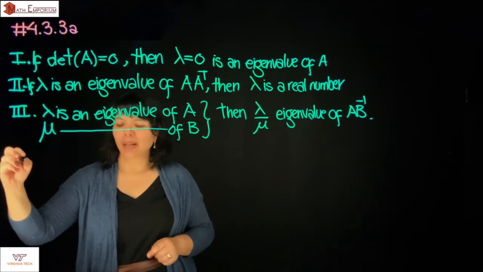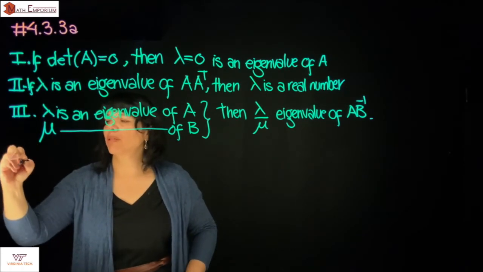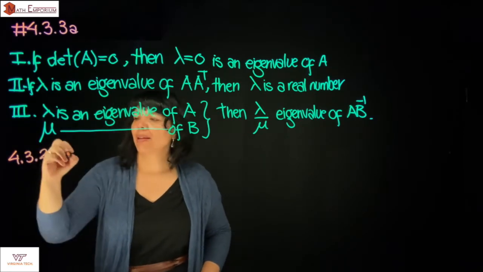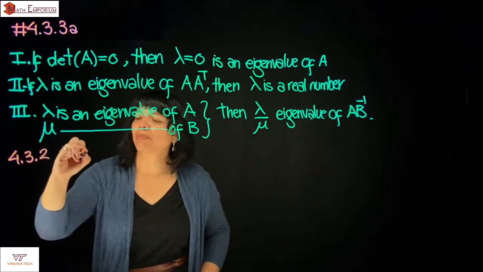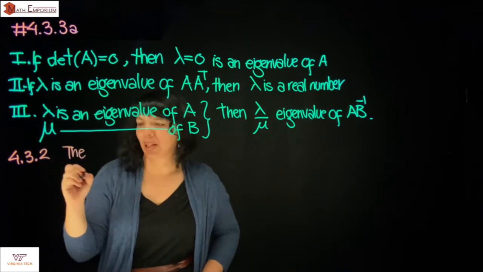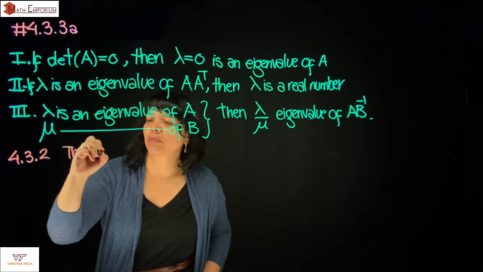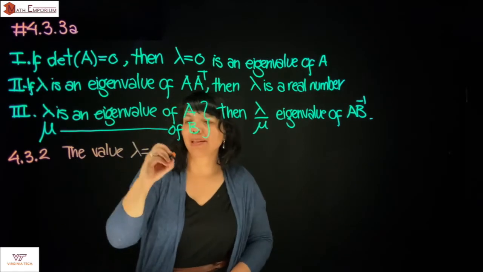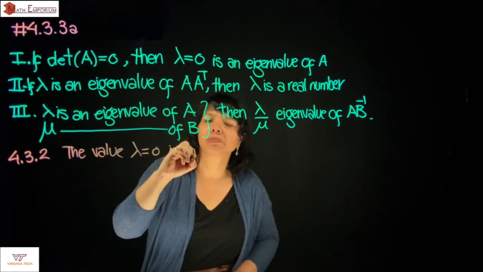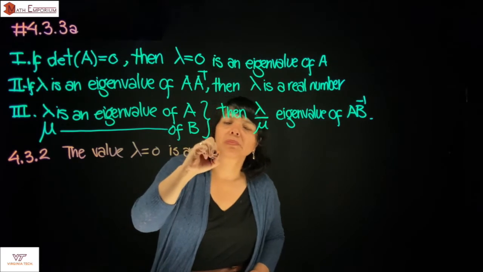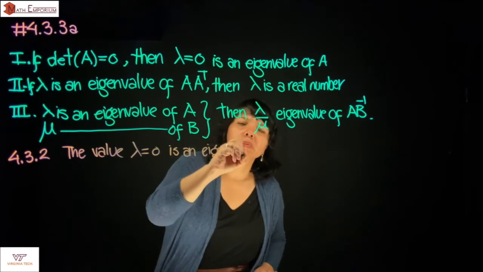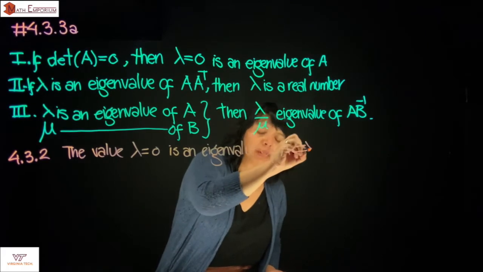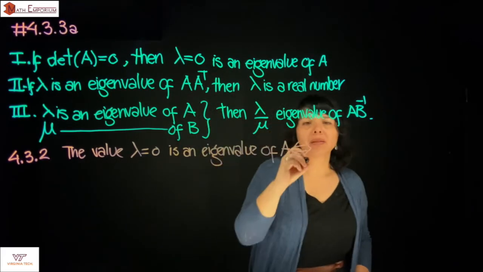So for the first one, if you look at 4.3.2, in this module, they tell you that the value lambda equals 0 is an eigenvalue of A if and only if A is not invertible.